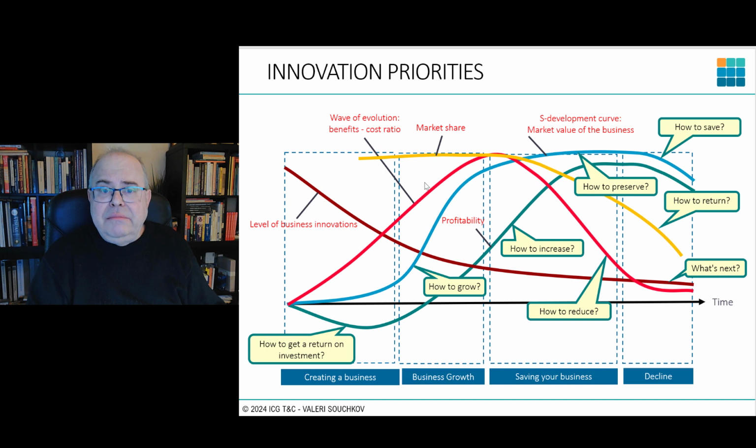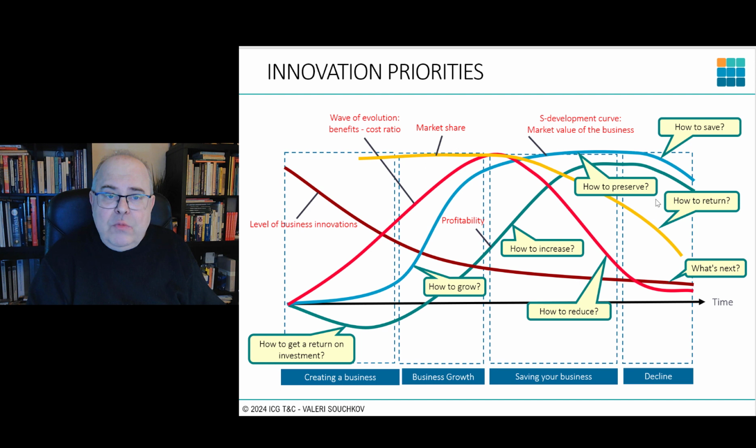Market share: of course, when you start a new company with a new product offering, with a new business model, you most likely occupy the whole market. But later, when you succeed, others look at you and start following you and create competition. So your market share drops, and so on.